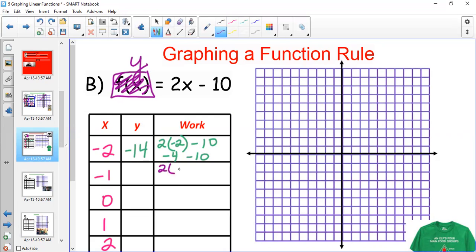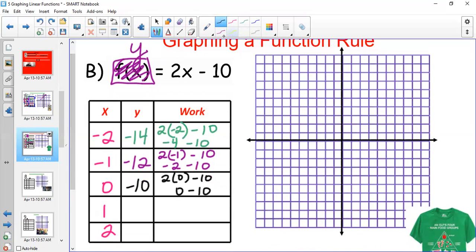All right, so this time I'm going to plug in the number -1. Again, I multiply first. So -2 minus 10, I would get the answer of -12. Okay, so let's try another one. Plug in the point 0. 2 times 0 is 0 minus 10 is -10. I'm coming up with a pattern so far, so that's a good thing.